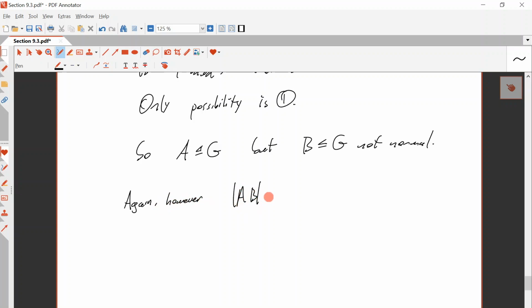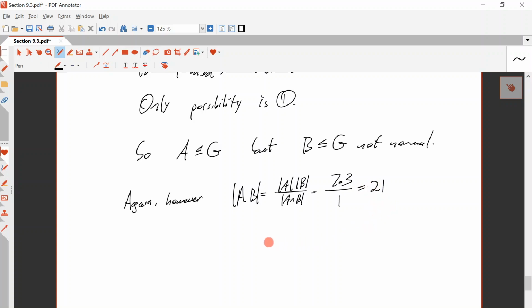So, again, however, the order of the product AB of the two subgroups is going to be equal to order A times order B over order of A intersection B. So that's going to be 7 times 3 over, well, the intersection is going to be 1, because A intersection B is a subgroup of A and a subgroup of B, so its order has to be a common divisor of 3 and 7, which is 1.